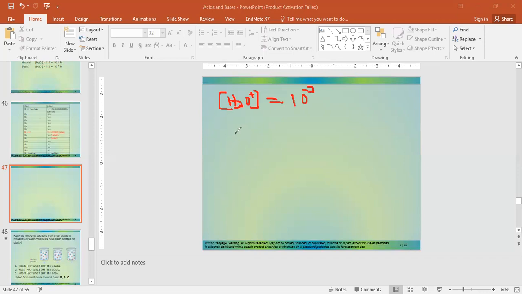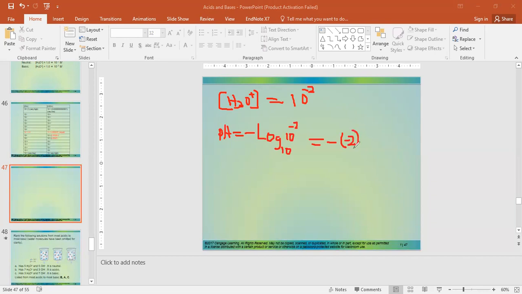Yes. Then we say now pH is equal to negative logarithm to base 10 of 10 to the power negative 2. This is equal to negative into brackets negative 2.